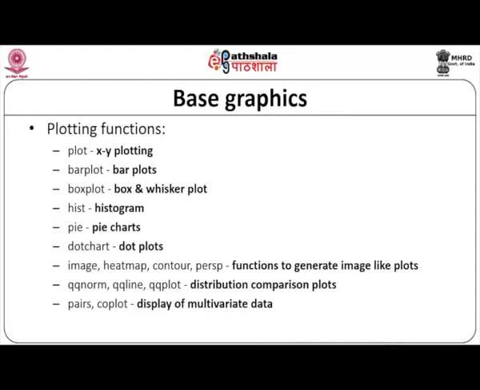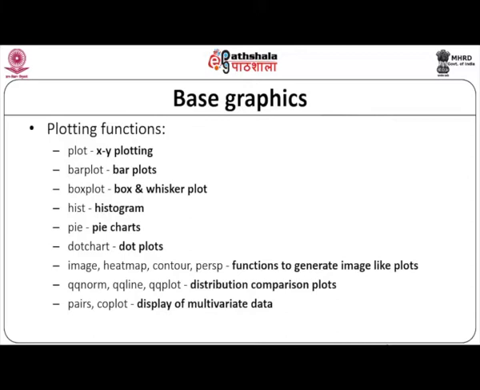We will first understand the base graphics and the support for base graphics in R. We will understand the various functions that are used for plotting. Whenever we are trying to plot anything, it is going to be in the form of a graph or a chart or some kind of graphics. The basic functions available in R for doing such plots are plot, which is used for plotting xy parameters in a two dimensional, that is Cartesian coordinate environment.